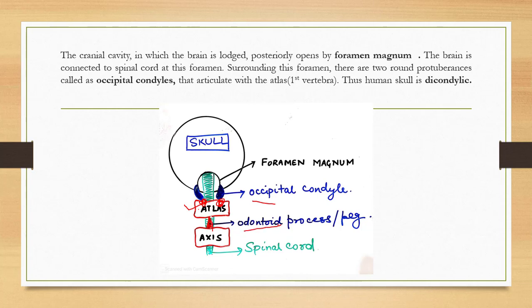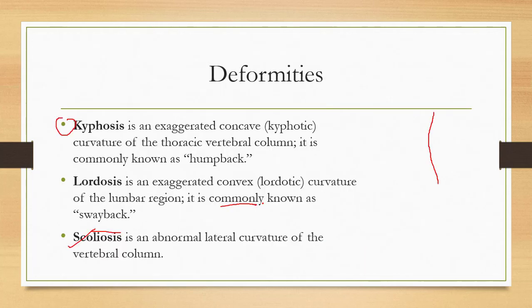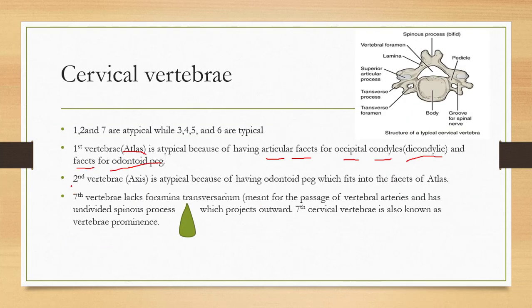These locations are referred to as facets, and it has another location for accepting the odontoid process from the axis. So that's why it is different. Now the second vertebrae, which is called axis, is atypical because of having the odontoid peg. Peg is again a pointed projection, which fits into the facets of atlas. Facets are depressions, pits basically.